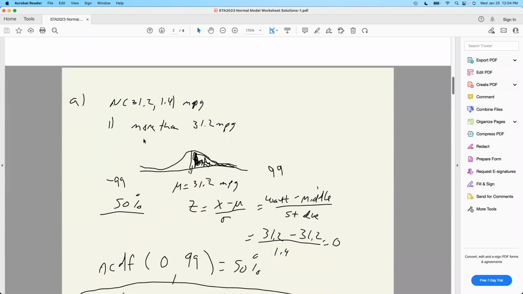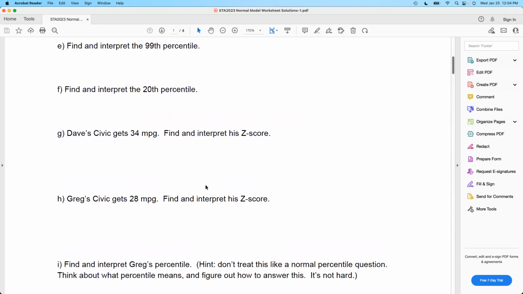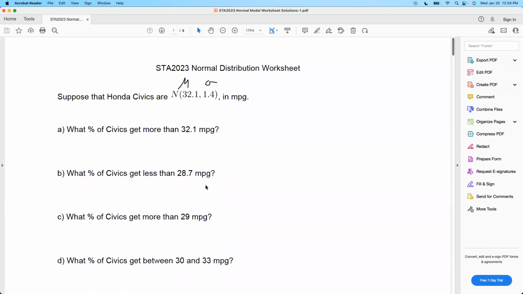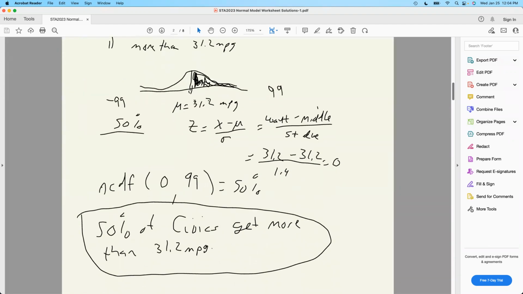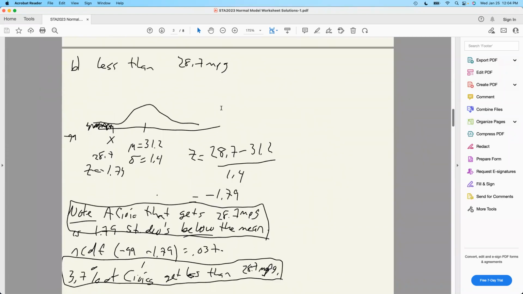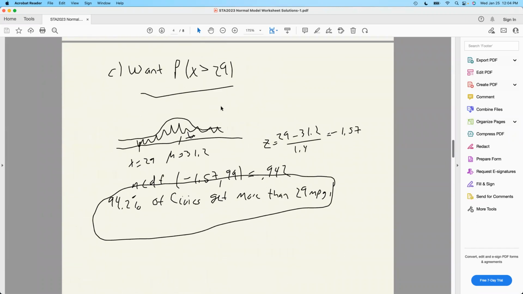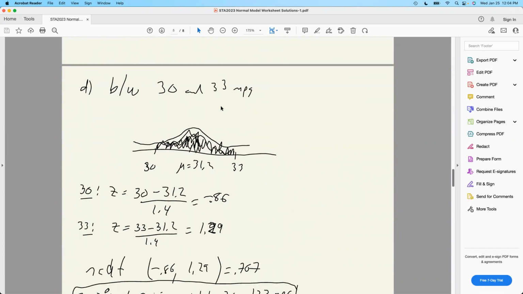So same 3 steps we always go through. We draw our picture. We draw a normal model. Right in the middle is the mean, mu, 32 point, oh, I wrote that wrong. I should say 32.1. Sorry, that's a typo there. Did I do that on every one of these? I did. Look at this.